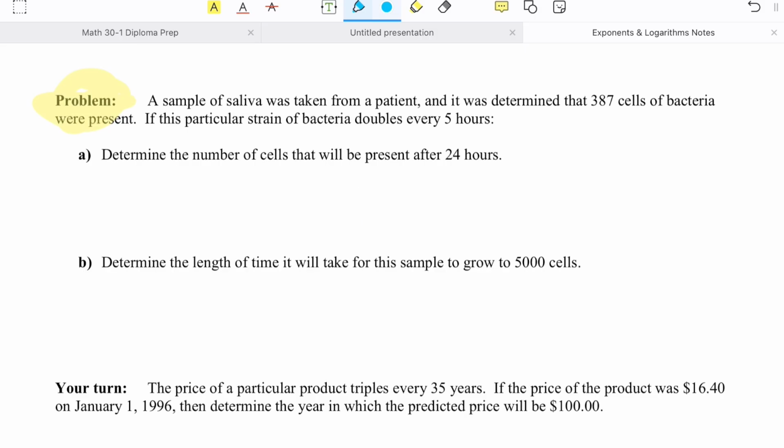So you are given that a sample of saliva was taken from a patient and it was determined that 387 cells of bacteria were present. This particular strain of bacteria doubles every 5 hours. So think about how you would do this question. Can you make an equation?